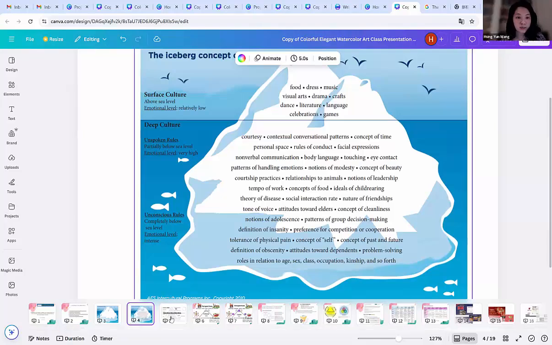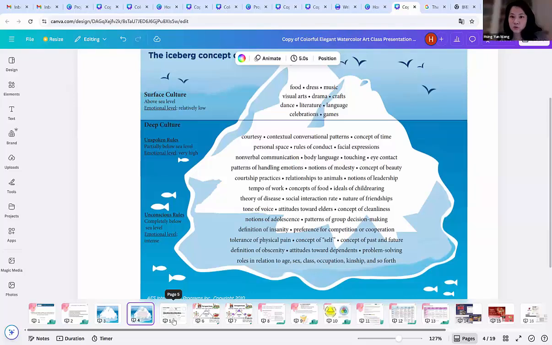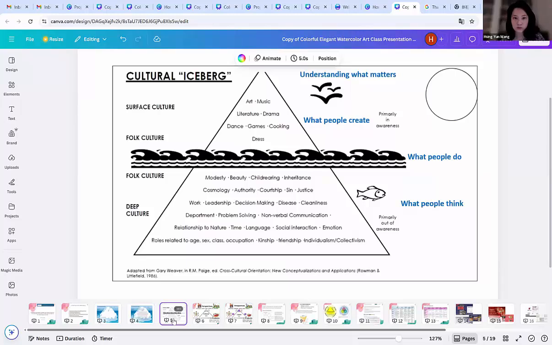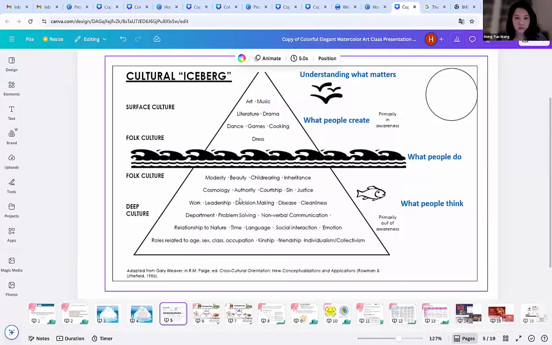Okay. And I can let you see, this can be too detail oriented. As a teacher, I would like to show you an easier one to see too. So under the ocean, the sea, we can see different things like leadership, decision making, nonverbal communication, problem solving, social interaction, emotion, or how we carry ourselves in different roles.